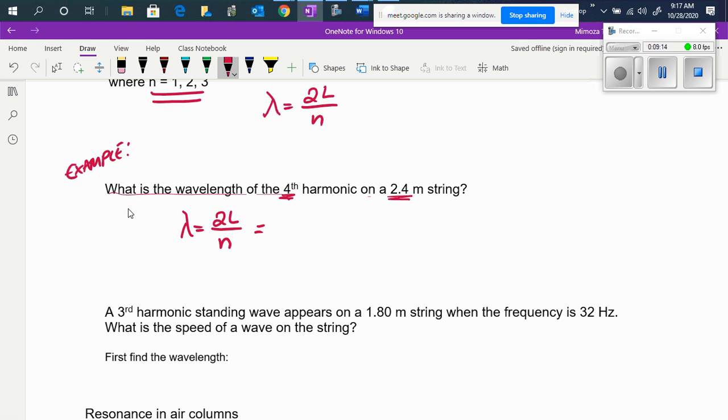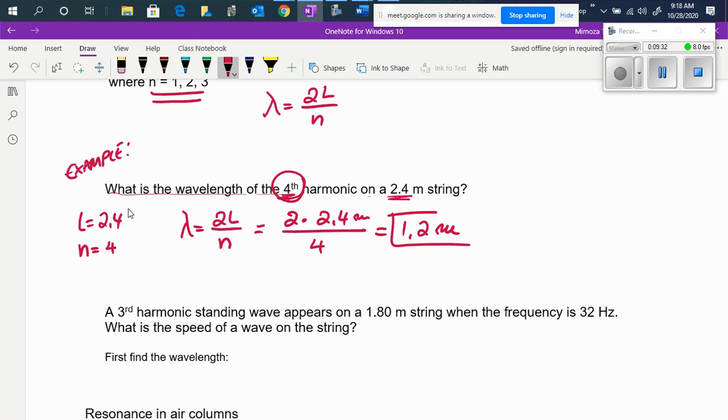Now we know L is 2.4, and we know n is 4, as it's the fourth harmonic. So this will be 2 times 2.4 meters over 4, and this will be 1.2 meters. So this is telling us that the wavelength of this particular string is 1.2 meters.